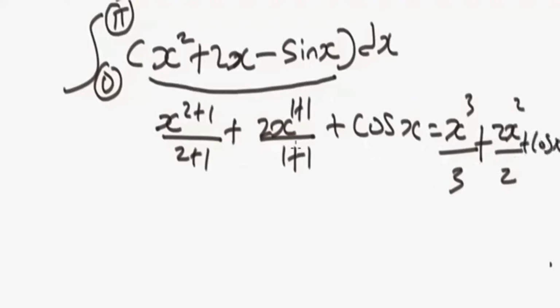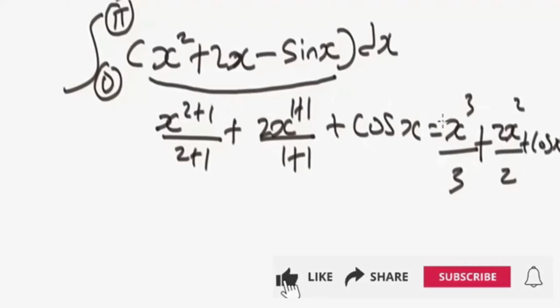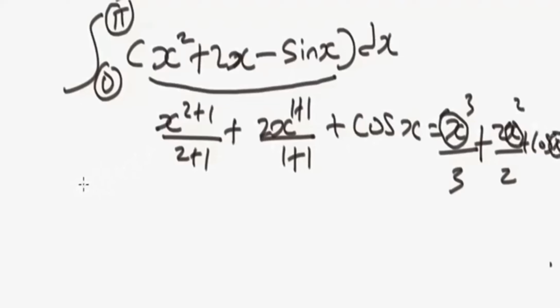You then plug in pi and 0 in these values of x respectively. That means subtract the lower limit 0 from the upper limit pi. It will go like this, like we did in the first example.